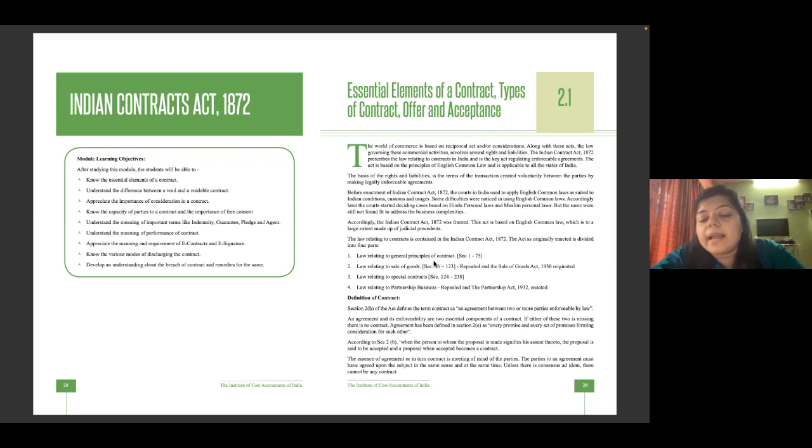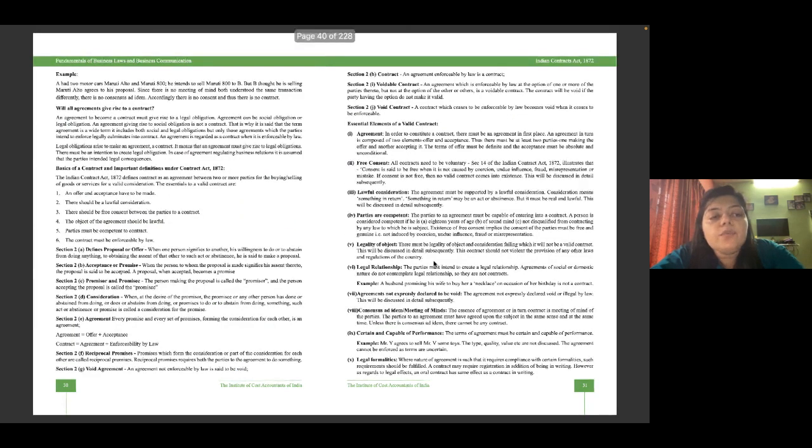So, meeting of minds and the intention to create legal relationship is something that precedes any agreement and as a consequence any contract. Now, there is an example which the module also gives about two cars which are up for sale.